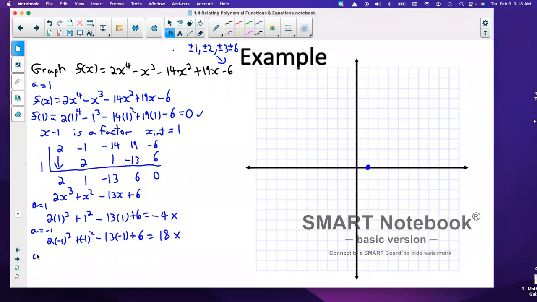So we've got an a value of 2. So we have 2 times 2 cubed plus 2 squared minus 13 times 2 plus 6.